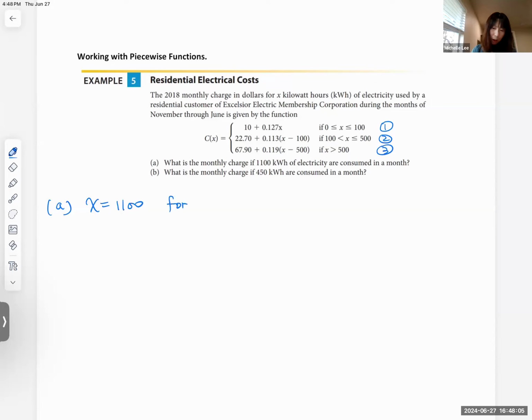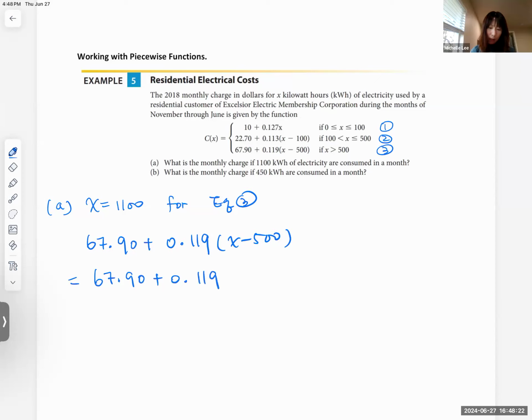So for equation 3, we have 67.90 plus 0.119 times (x minus 500). So 67.90 plus 0.119 times (1100 minus 500).